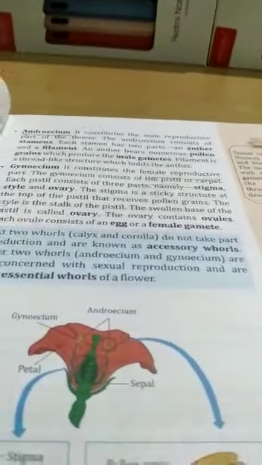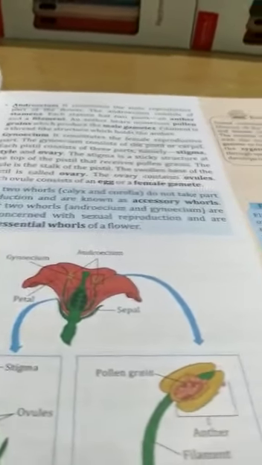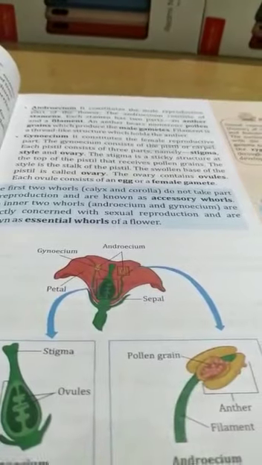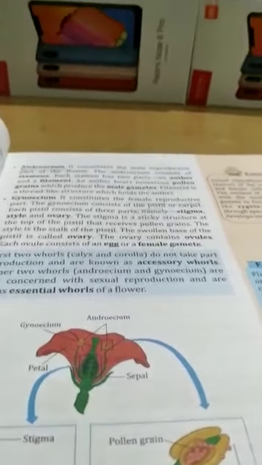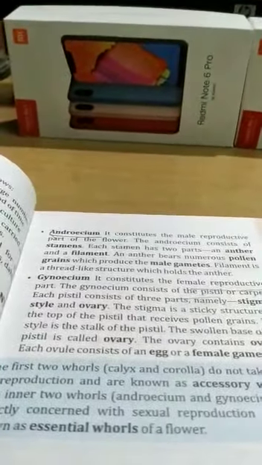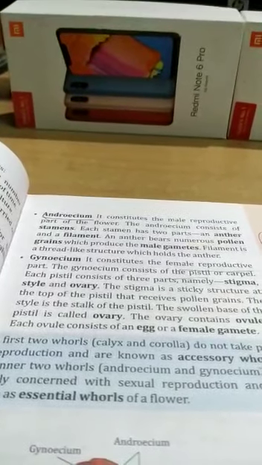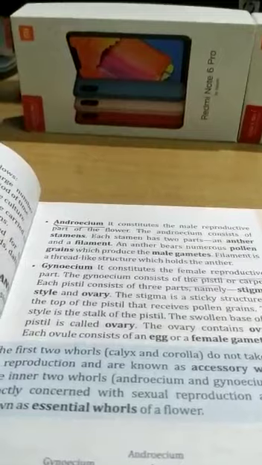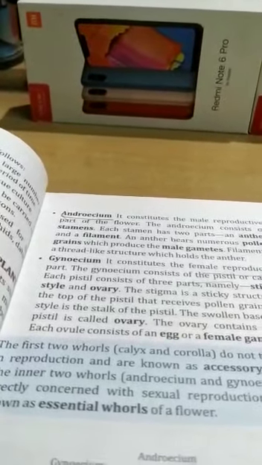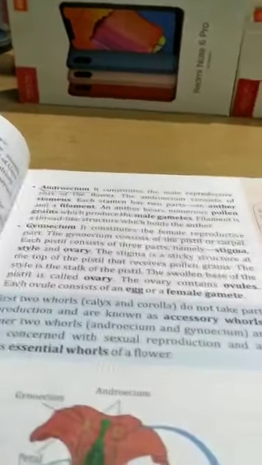So altogether, a flower has four whorls, that is calyx, corolla, androecium and gynoecium. In other words, sepals, petals, stamen and ovary.